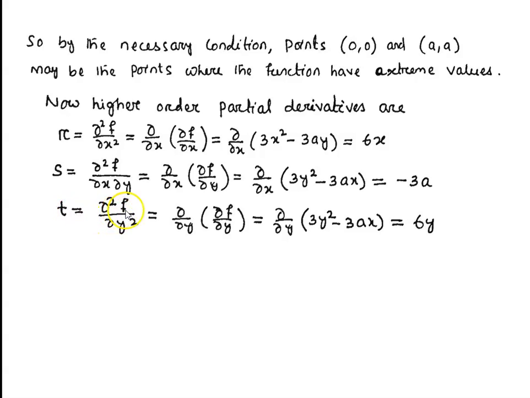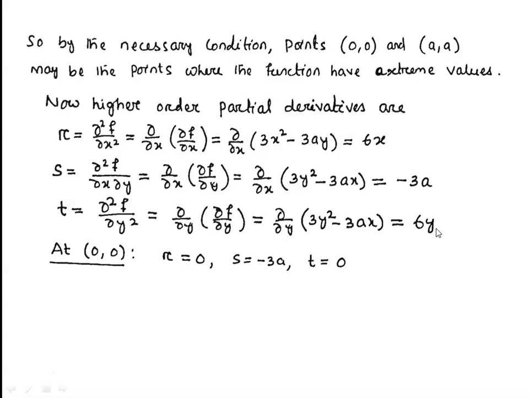Now t is equal to del square f divided by del y square, that is del by del y of del f by del y. That means partial derivative of 3y square minus 3ax with respect to y, which is 6y. Now our r, s, t are 6x, minus 3a and 6y.